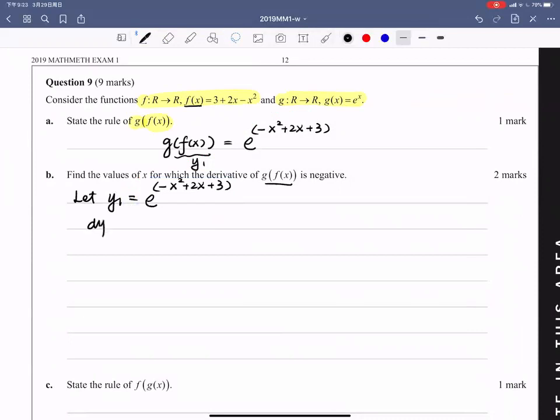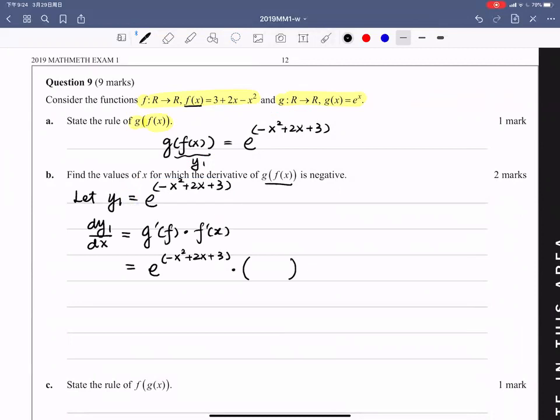I know my dy1/dx will be g dash of f times f dash of x, which is the original function itself, because the derivative of exponential is still itself. But don't forget f dash of x. What is f dash of x?